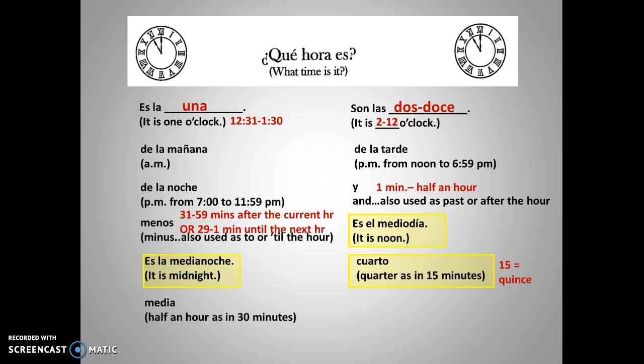You would always say it is 12 y 30, or it is 4 y 30. So you would say son las 4 y cuarto, or son las 4 y media. So you've got that to remember for half an hour.